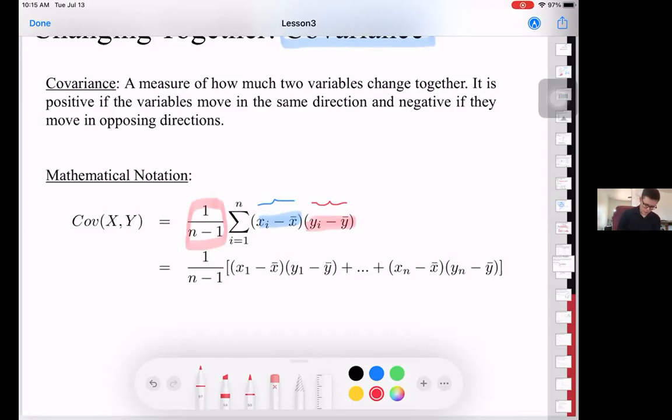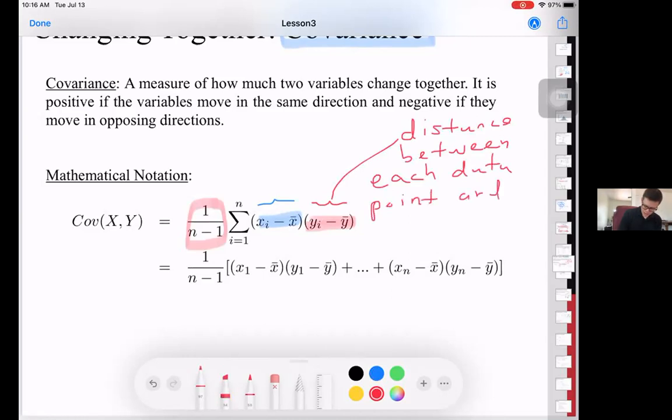So just let me write this here. Each data point and the average.